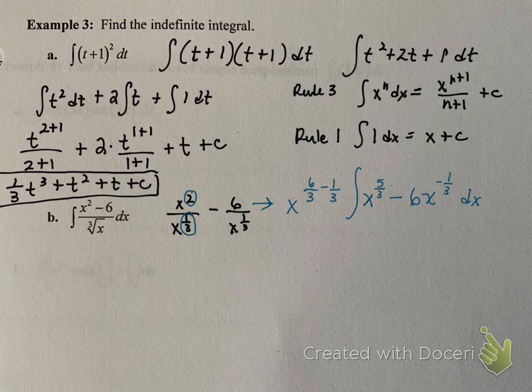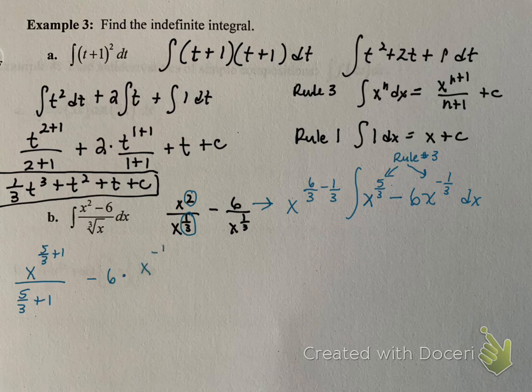Okay, so for this first one, I'm going to use rule number 3 for both of them actually. So I'm just going to put a little note, I'm using rule number 3. So let's go ahead and do this. So this first one is x to the 5/3 plus 1 over 5/3 plus 1, and then minus 6 times, and then we're going to apply the same rule.